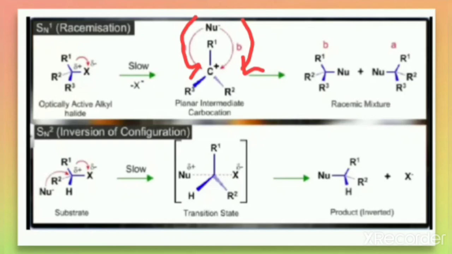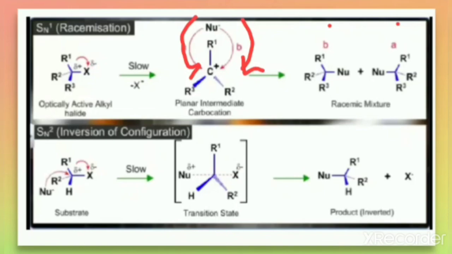It can attack from front and rear, forming a mixture of two enantiomers as shown here. Such an equimolar mixture is called a racemic mixture. One will be dextrorotatory, the other levorotatory.